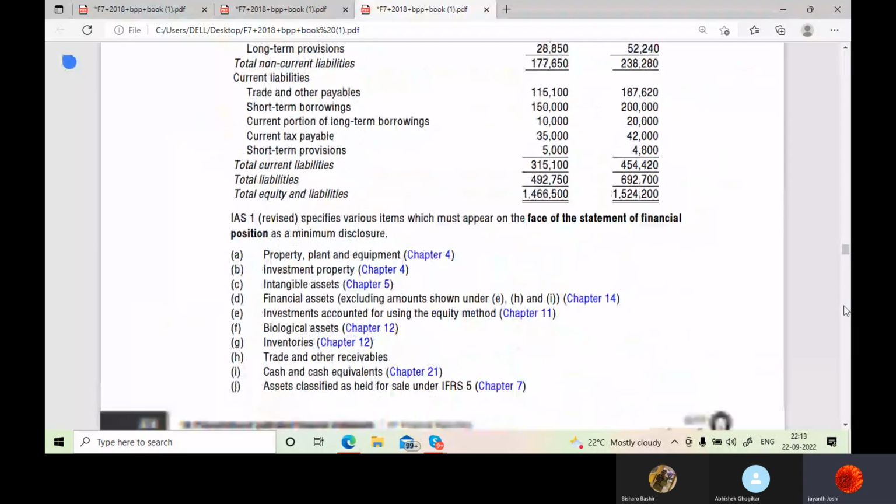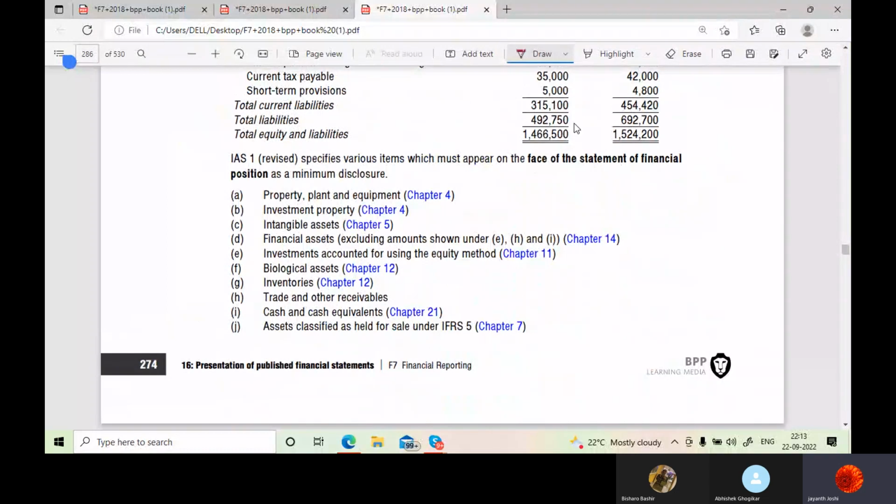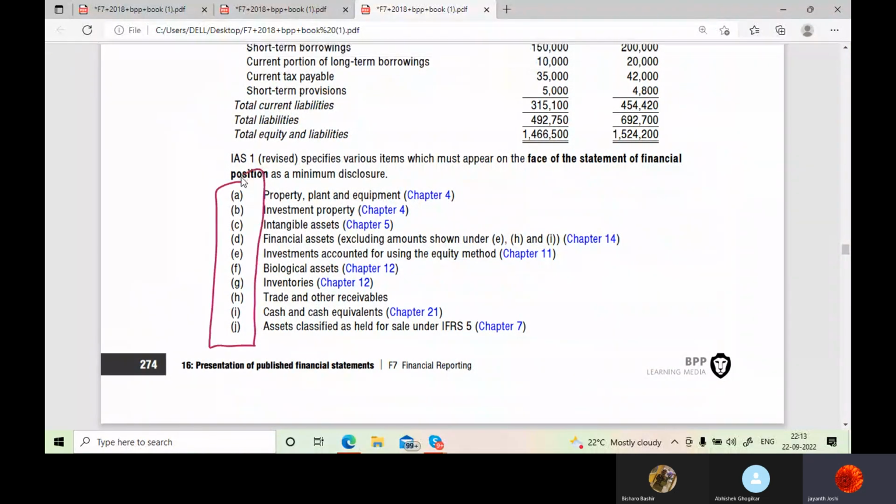Right now the formats. Your entire book covers all the chapters you are going to study, chapters 4, 5. You will be studying all these elements you are seeing on the balance sheet.